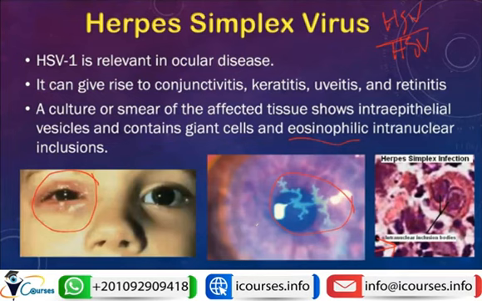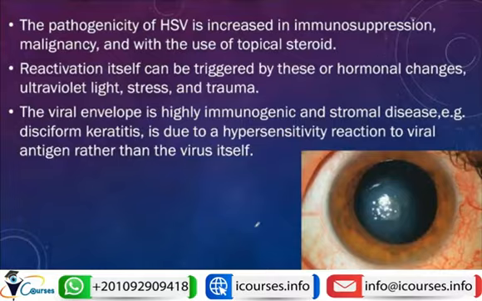Not only the active infection by the organism can cause the lesions, but also the immunity itself. So the immunity itself can cause a disease by reactivation of the antigen-antibody reaction within the cornea. It's called the disciform keratitis.